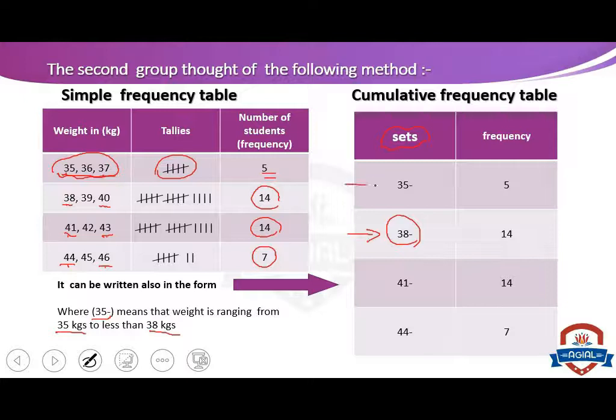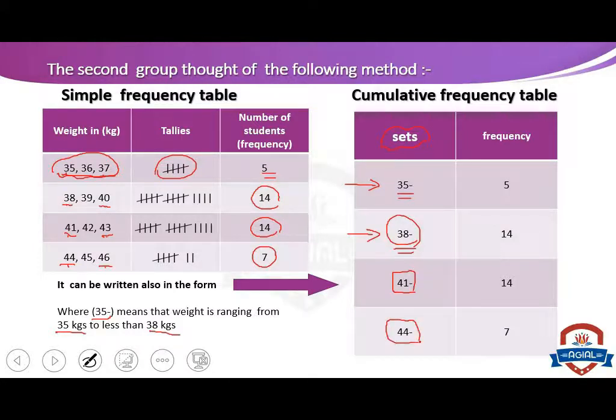The second set starts from 38 to less than 41, because the third set starts from 41 to less than 44.